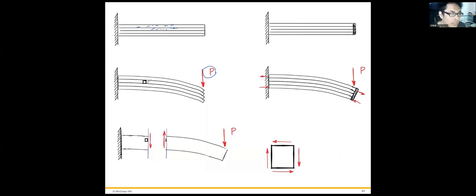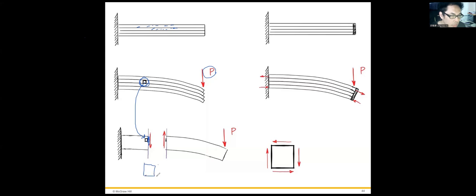In this case, if we apply a force, what do we get? If we look at a small element, what's the stress condition of this small element? In this case, the small element only has shear at this surface, so there's no shear here.